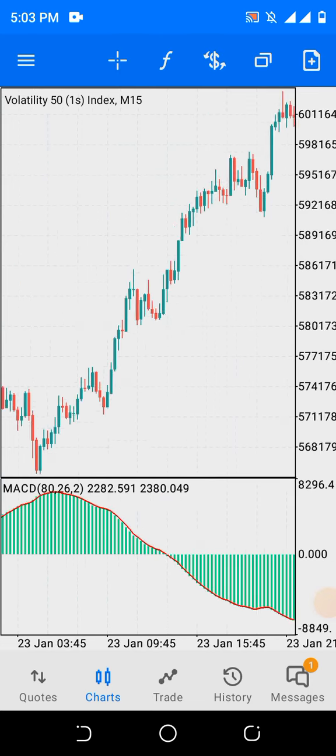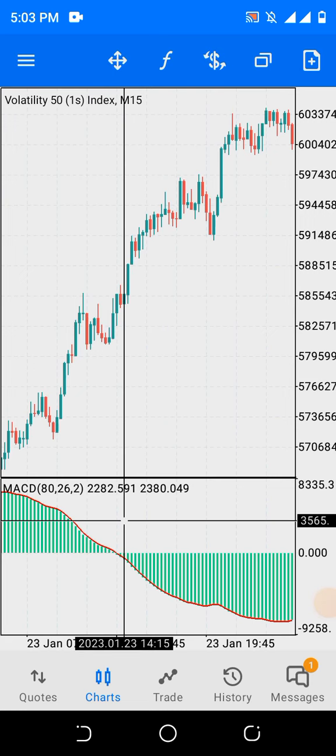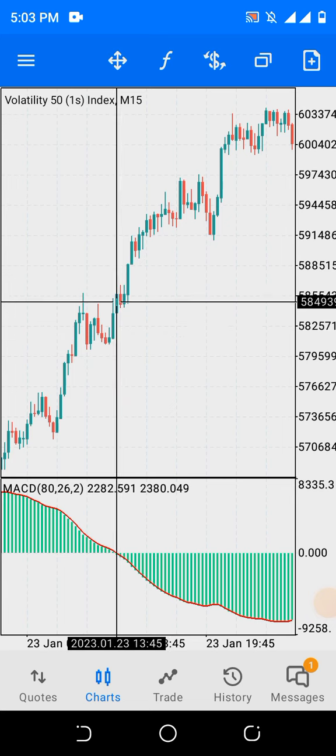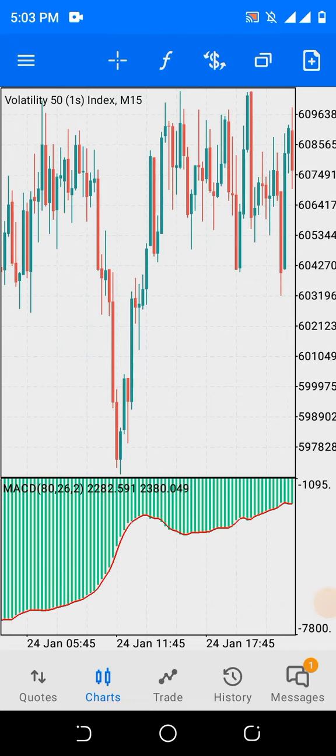From up downwards, here is another opportunity. You make your buy entry from this point and record the massive profit.